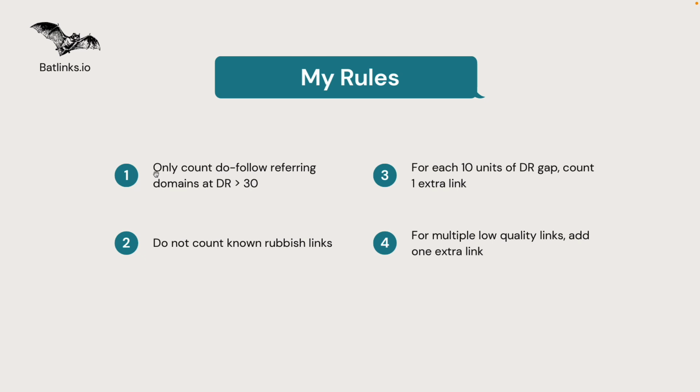I only count competitor links that are dofollow and one per domain, and the DR is at least 30. DR is a domain rating that Ahrefs gives. Moz gives another rating, and SEMrush gives a similar rating as well. If you don't know about it, it's a rating on a scale of 0 to 100, with 0 being the lowest and 100 being the highest score that you can get.